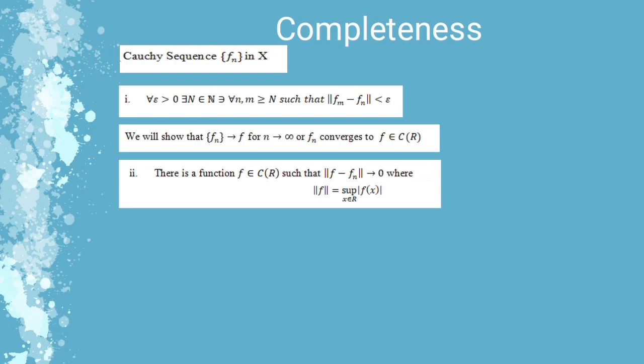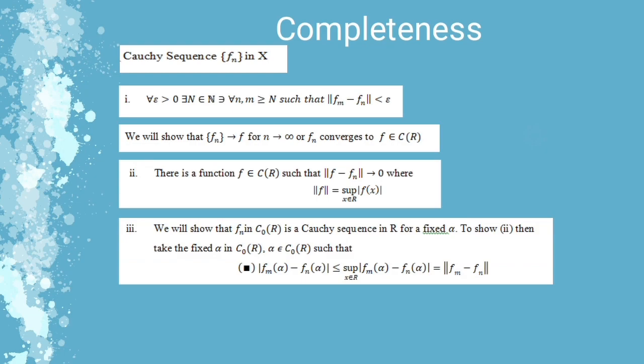And there is a function f, an element of C_0(R), such that the norm of f minus f_n converges to 0, where we define the norm of f as the supremum of the absolute value of f(x).